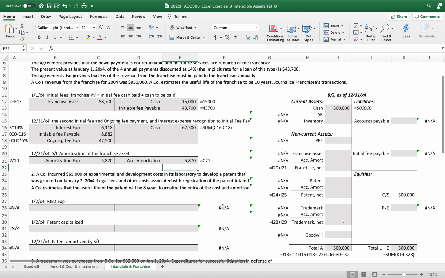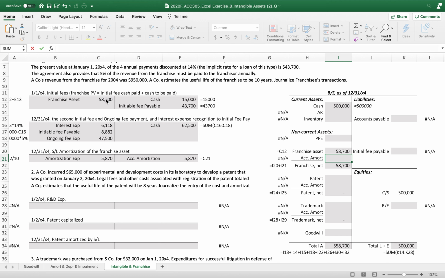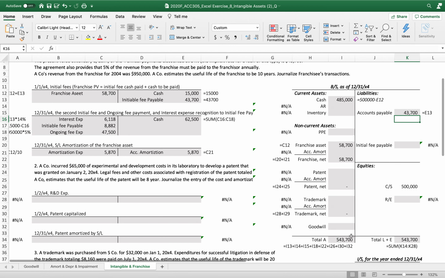Now let's report these transactions in the balance sheet and income statement. Franchise asset initially, here we go. And then the cash paid. Let's assume the company had $500,000 in cash from issuing common stock, minus 15,000. Then the initial fee payable, 43,700, so we matched out.